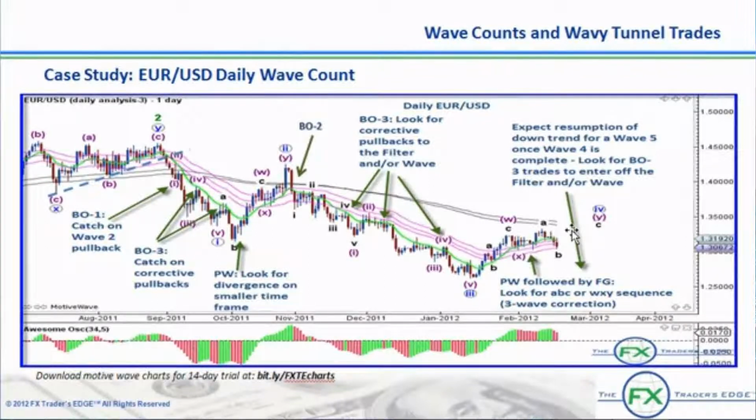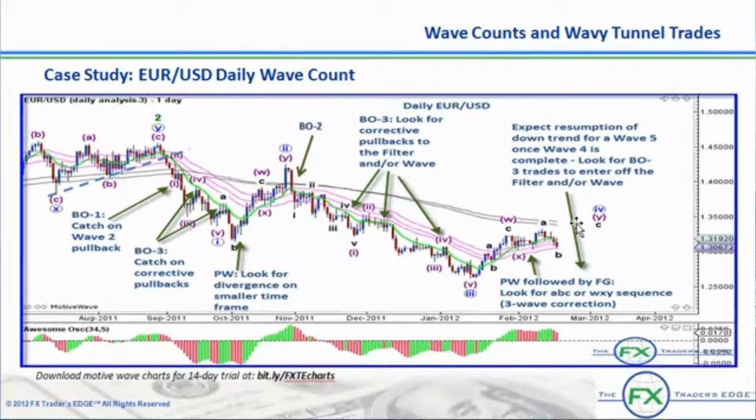It is always important to think of the possibilities for next moves. Moving right along, we would expect a resumption of the downtrend for blue circled wave 5 once this wave 4 is complete. Look to sell at the completion of the wave C of this Y. Look for price to halt at the tunnel.